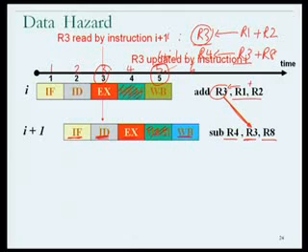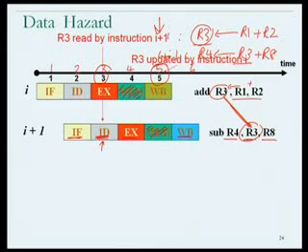In other words, instruction I plus 1 is reading the value of R3 in cycle number 3, and instruction I is writing the desired value into R3 only in cycle number 5. So what is being read by instruction I plus 1 is not the value which is being written by instruction I. And this is a hazardous situation, because clearly the value that will be read by instruction I plus 1 must be an old value, the previous value that was in register R3, and not the value which was put into register R3 by the add instruction, instruction I.